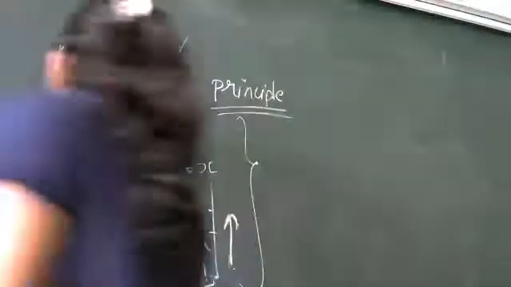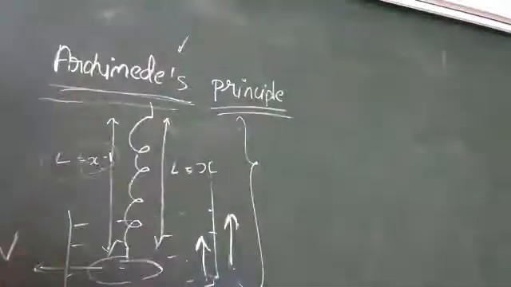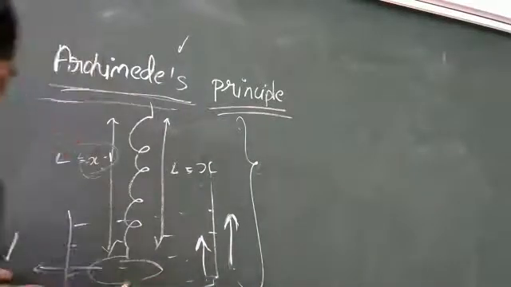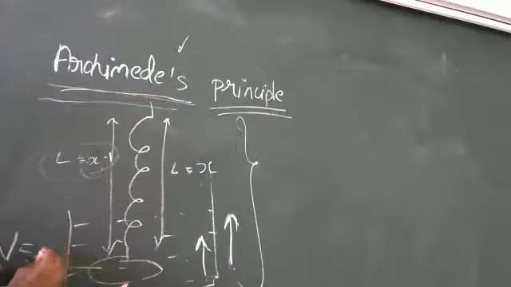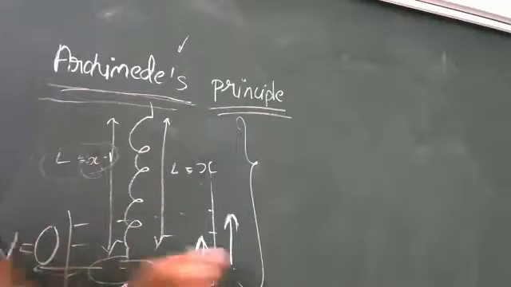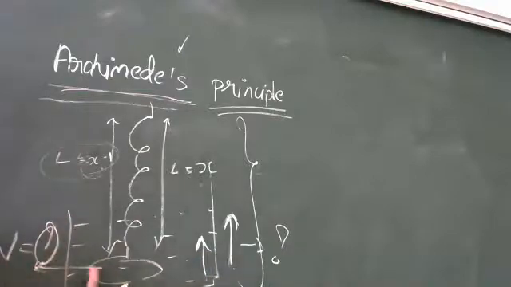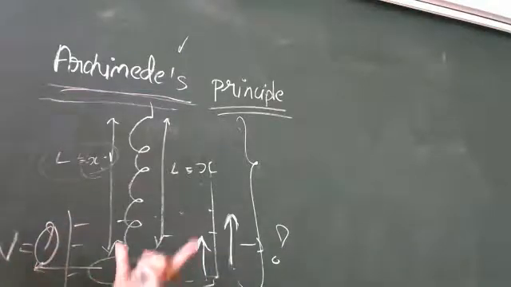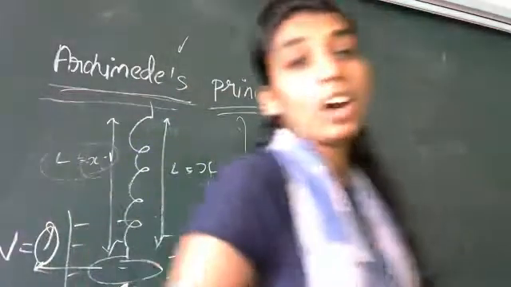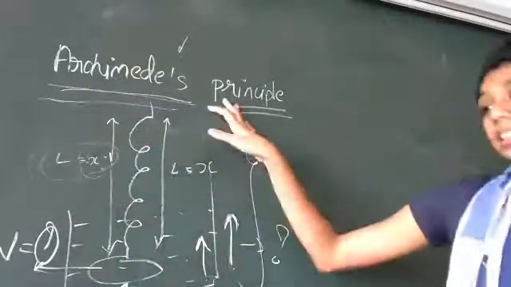Now suppose the weight of this object is W. Then this upward force, whatever value we get over here, and the weight of the stone, both will be the same. That is what Archimedes principle states.